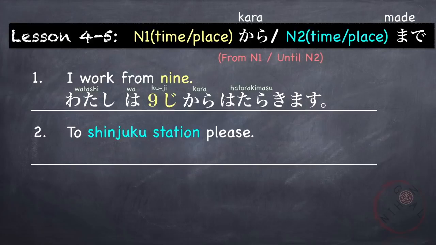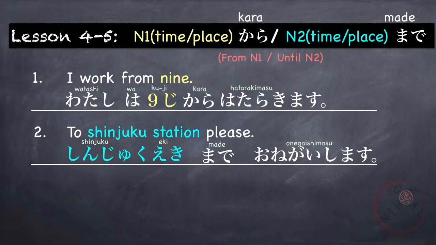So if you're going to ride a taxi and you want to say, please take me to this place, you say, in this example, Shinjuku Station, 新宿駅までお願いします。To Shinjuku Station please.